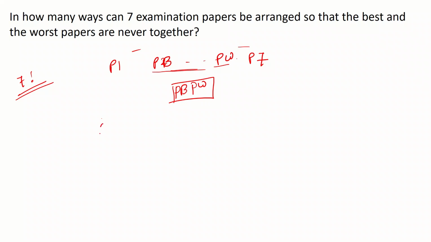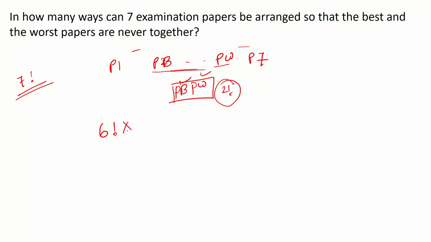Now we have 6 papers. You can arrange these 6 papers in 6 factorial ways. Assume that you have all the papers bundled up and you are shuffling them. But these two papers which are together can also shuffle between themselves in 2 factorial ways.